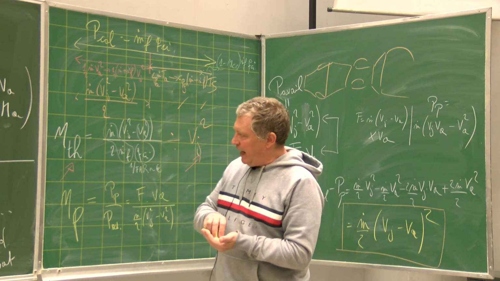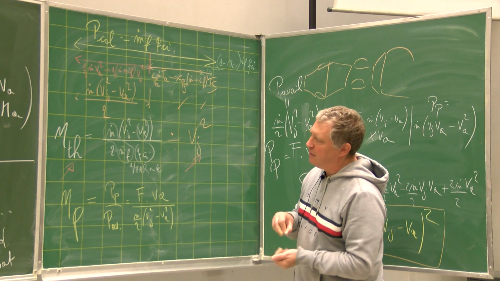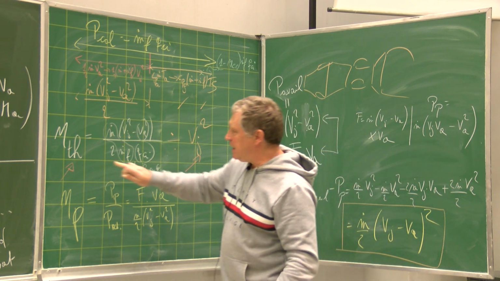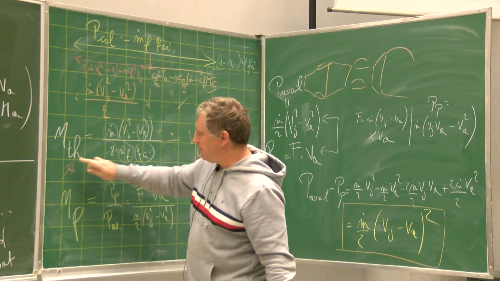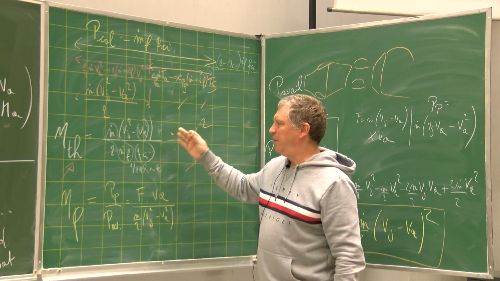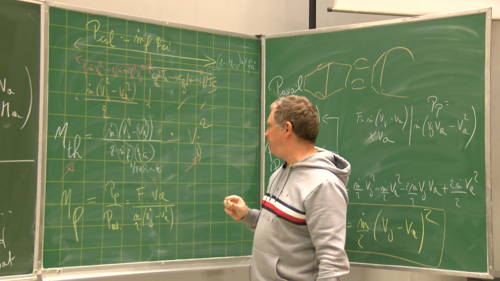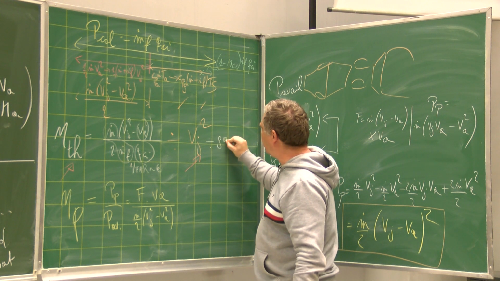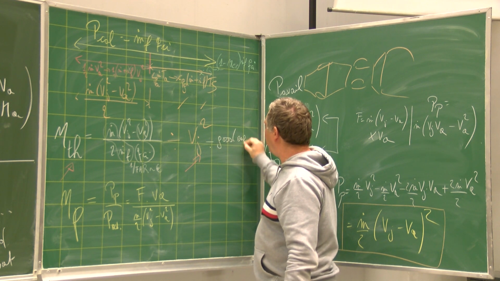And these are 2 very different efficiencies, I would say. Here, the loss is inside. It shows the eta th, very often it shows if we have a good engine.